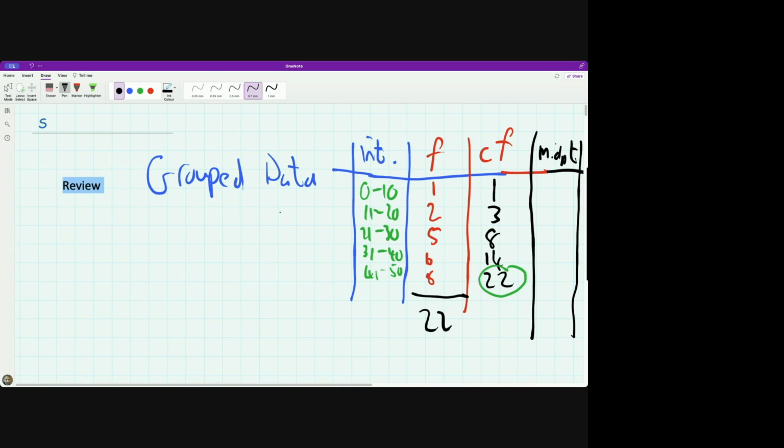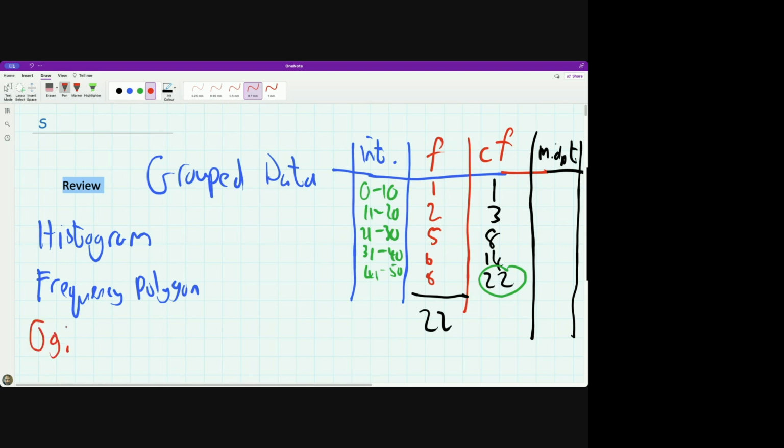Then we spoke about the graphs of grouped data, and we did something called a histogram. And then we did something called a frequency polygon, which basically describes the data in a table. And then today we are going to talk about an ogive, or sometimes called a cumulative frequency curve.